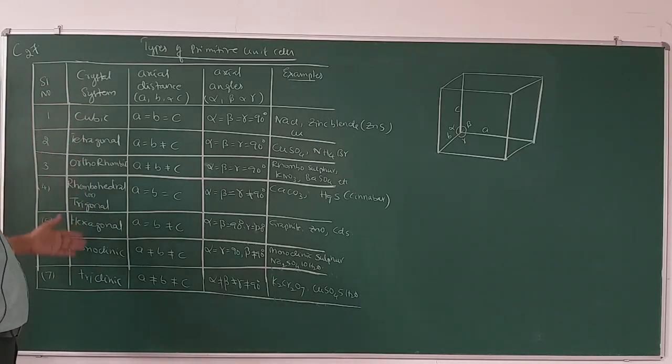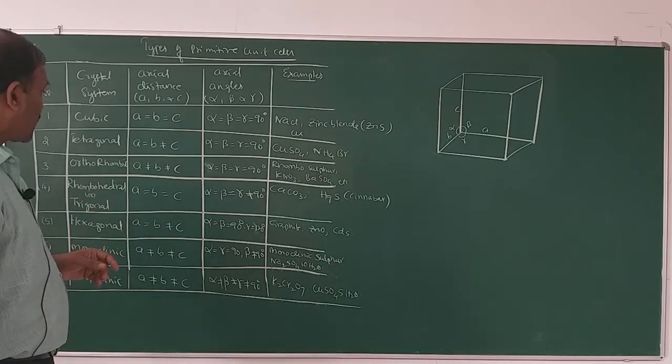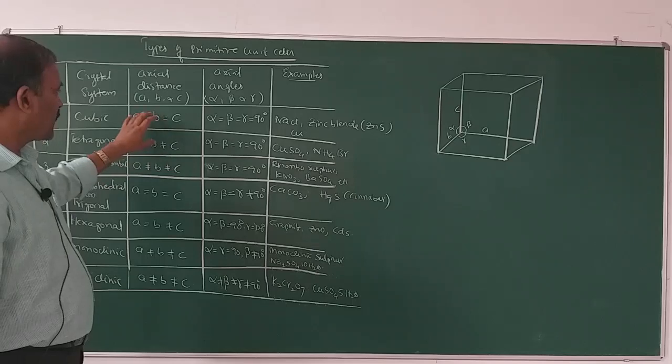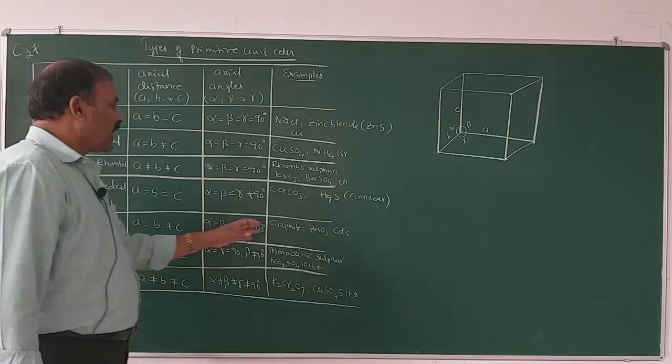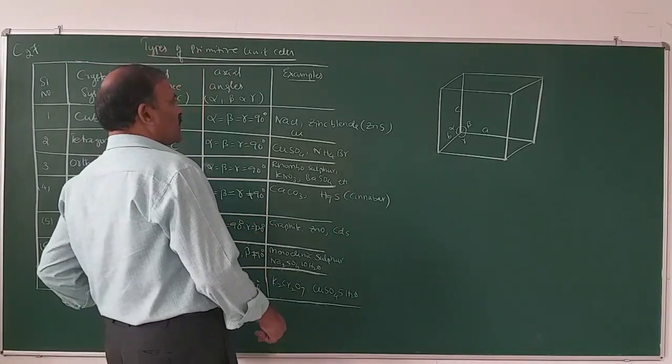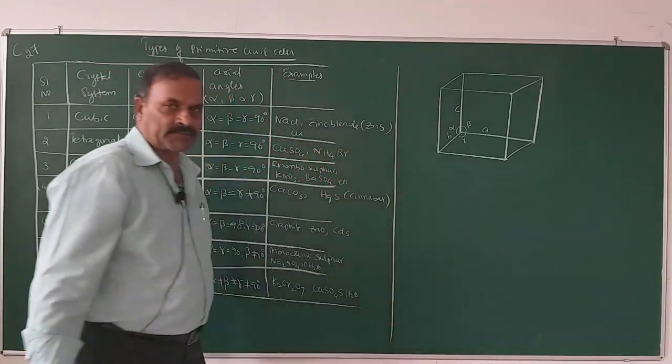So you have to write the names: cubic, tetragonal, orthorhombic, rhombohedral, hexagonal, monoclinic and triclinic. The difference between these 7 types of crystals is only in the axial distances and axial angles, and these are some of the examples for the crystals having these structures.